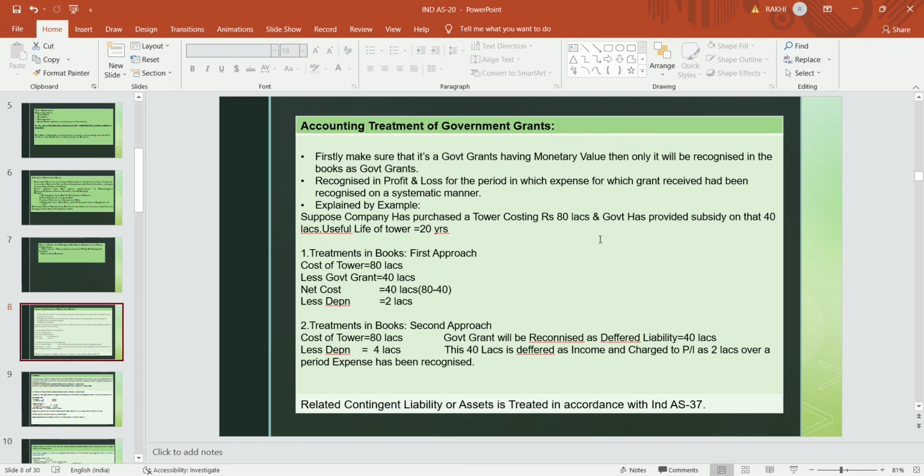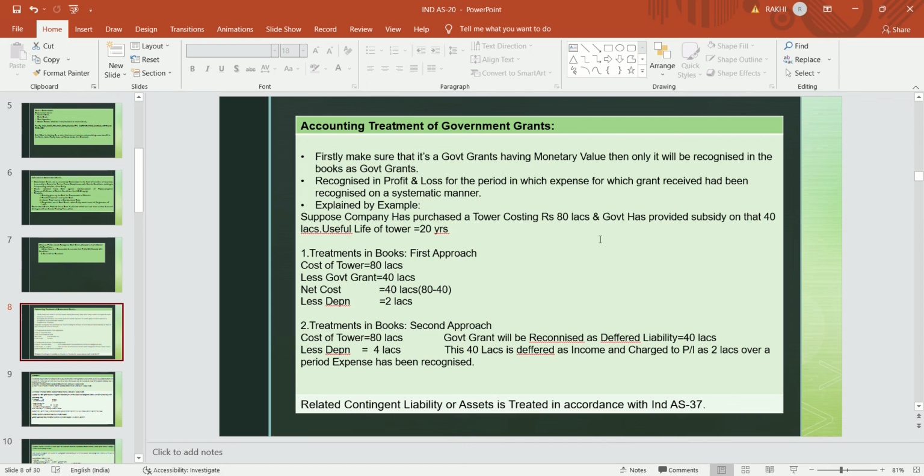And in this example we will depreciate the asset, that is 80 divided by 20 years, that is 4 lakh depreciation. We will expense it in the P&L as depreciation, and the government grant is to be amortized over a period of 20 years as an income, that is 40 lakh divided by 20 years.